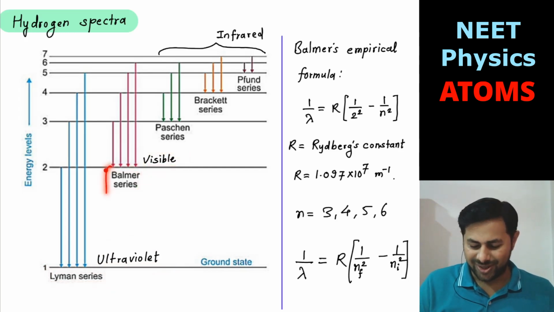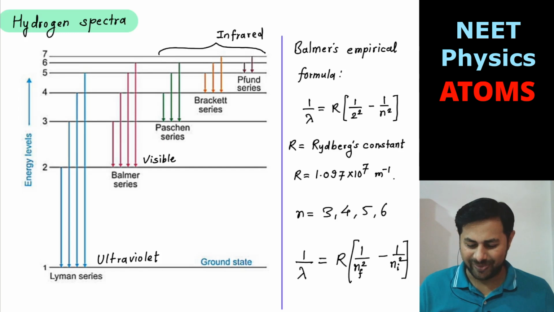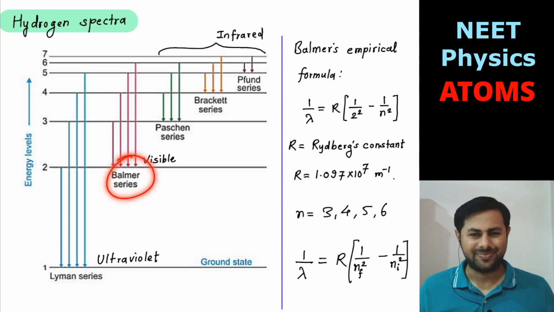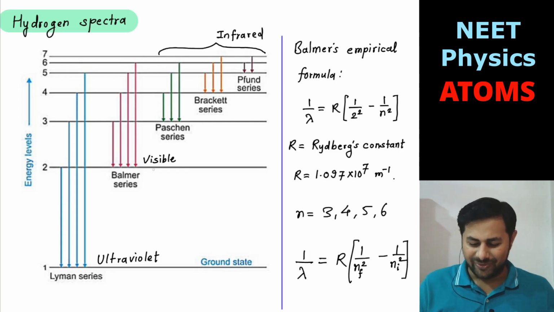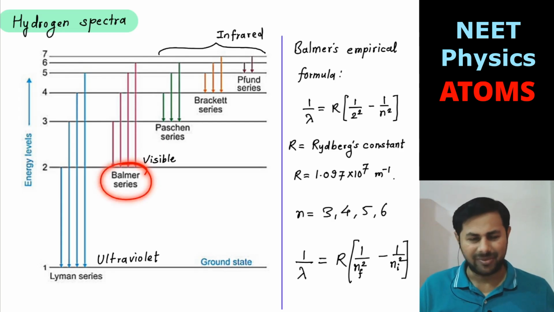Now you might have guessed why this series was discovered first: because it lies in the visible region, right? You don't need any separate instruments to find the Balmer series.